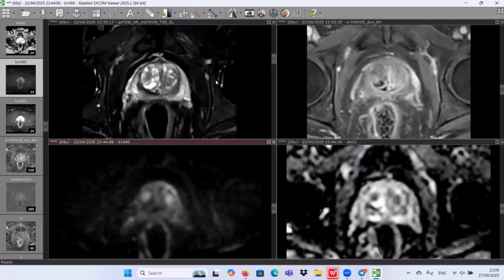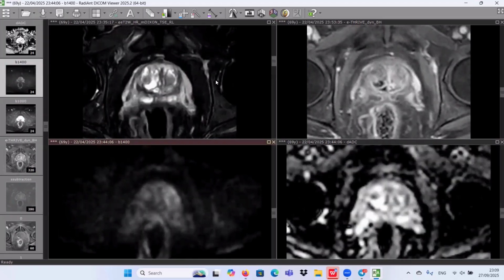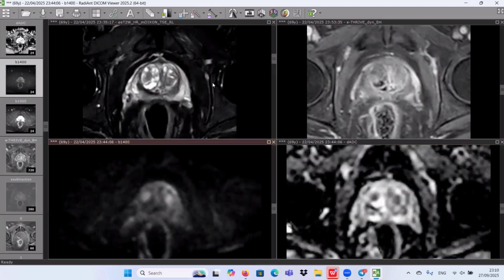If we go to the base of the gland, you will find two nodular lesions, this one and this one. These two nodules didn't show well circumscribed margins. They look like nodules, but without a well capsulated margin.